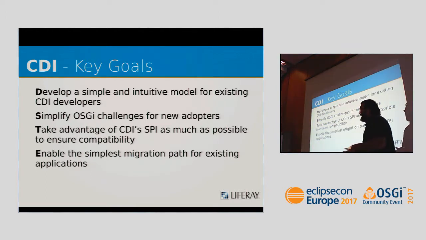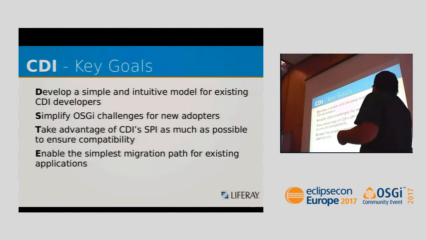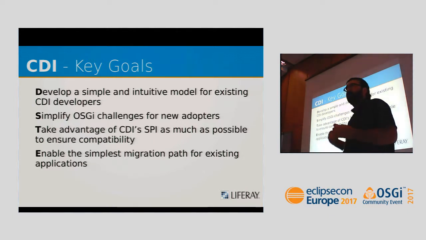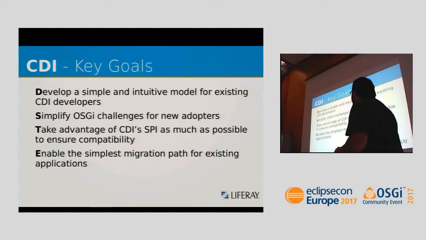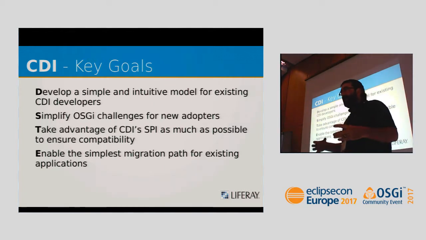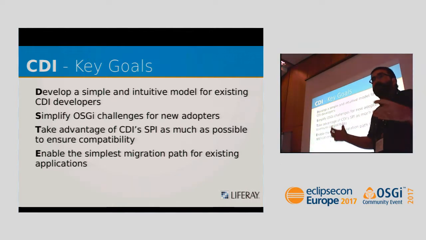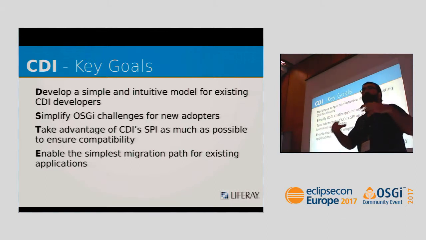The second challenge is we really want to simplify some of the OSGi concepts, so that developers can assimilate them fluidly and with as little resistance as possible. The third major one is that we want to take advantage of CDI's design as much as possible and not go outside of what an expert CDI developer would do to build extensions on top of CDI.